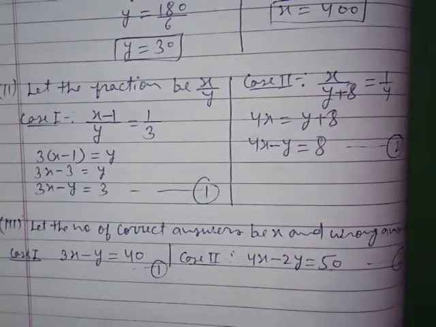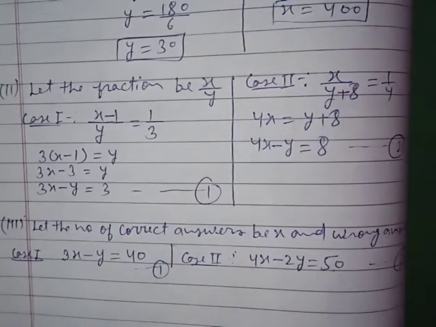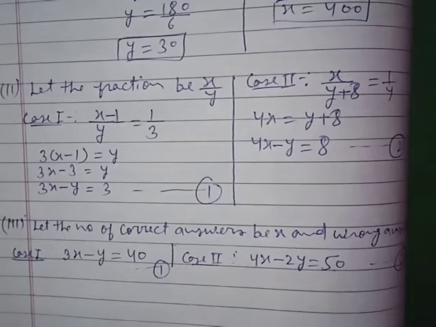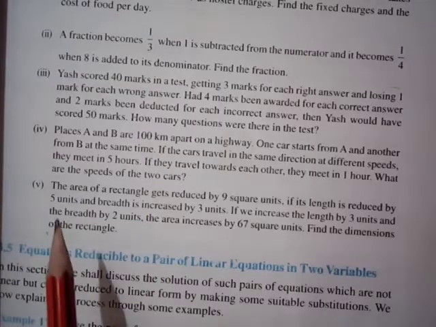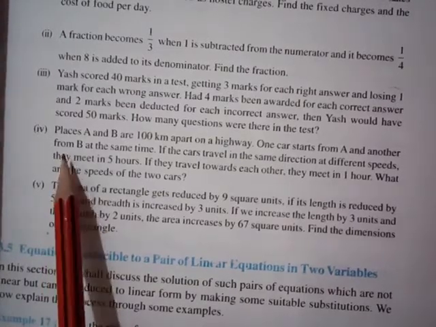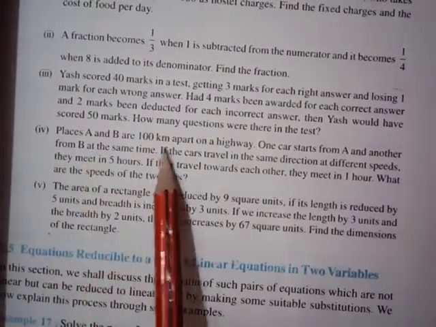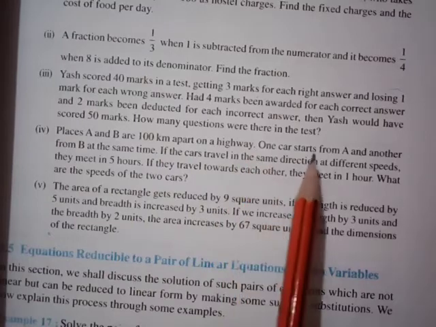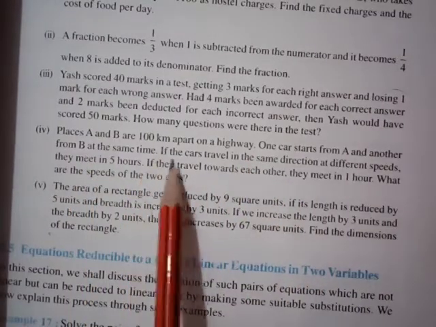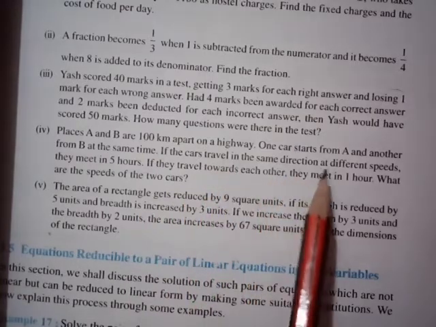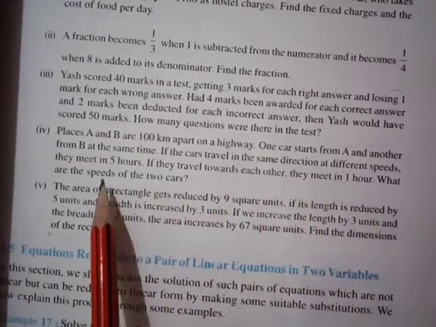Now see the question number 4, fourth part. Places A and B are 100 km apart on a highway. One car starts from A and the other from B at the same time. If the cars travel in the same direction at different speeds, they meet in 5 hours.